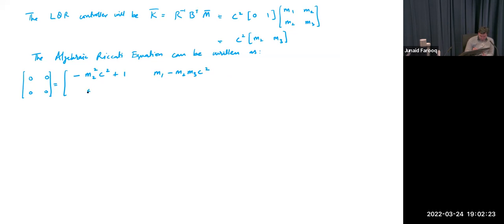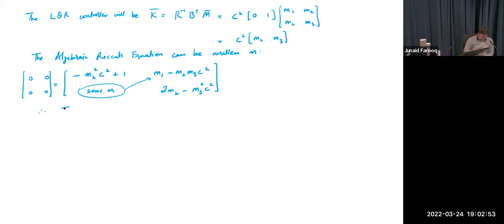This will be the same as this. And here we get 2m2 minus m3 squared c squared. Okay, so that's the equation we have to solve.